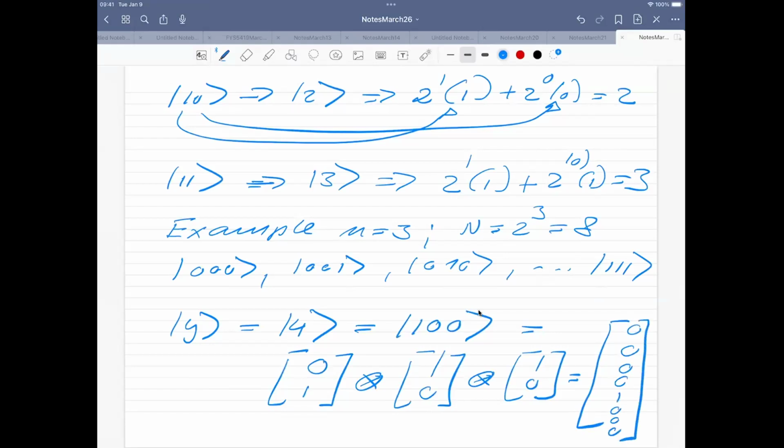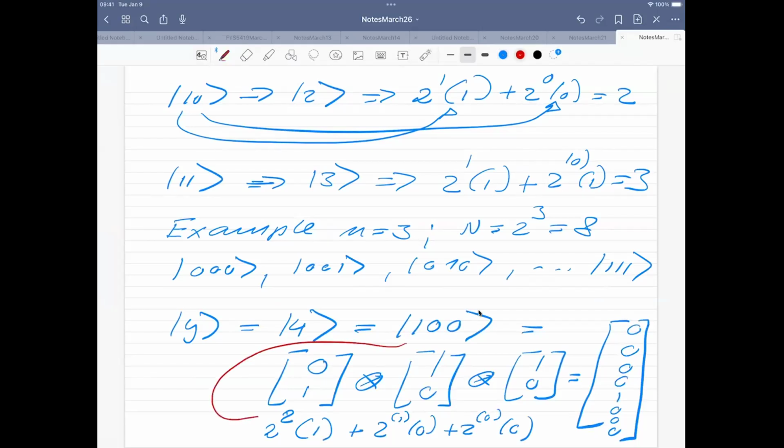And you can see now that if you look at this specific case, I have 2 to the power of 2, which is the leftmost bit. And we have 3, so that comes with a power of 2, plus 2 to the power of 1, multiplied with 0, plus 2 to the power of 0, multiplied with 0.